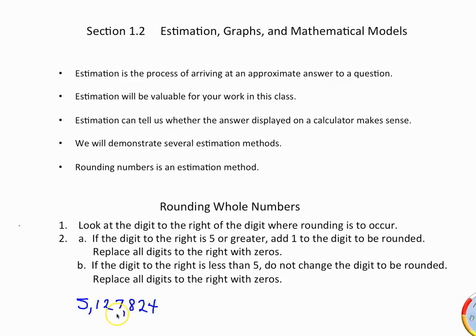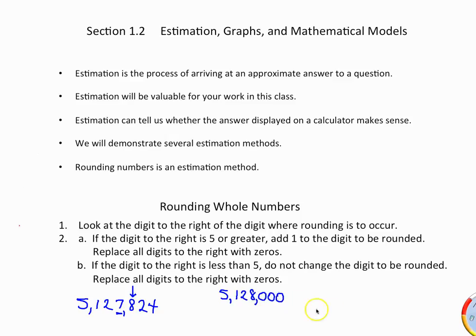Ones, tens, hundreds, thousands. I look to the digit to be rounded, and look to the immediate right of it. If that number is 5 or larger, I'm going to increase the size of the digit that I'm rounding by 1, so I'll change this to 8 and replace all the digits to the right with zeros. So rounded to the nearest thousand, that number will become 5,128,000.